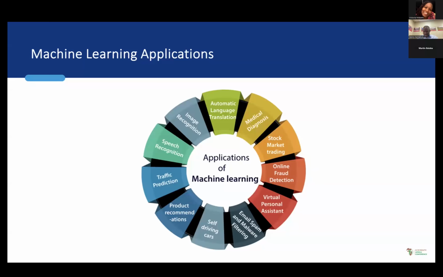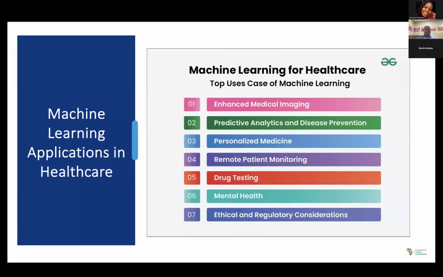So there are a lot of applications in day-to-day life where machine learning is applied: fraud detection, natural language translation, image recognition. In the interest of time, we can get to know more applications of machine learning in our day-to-day life.